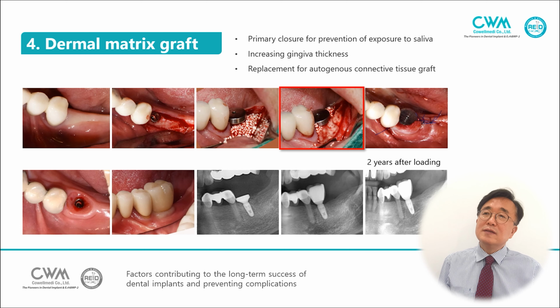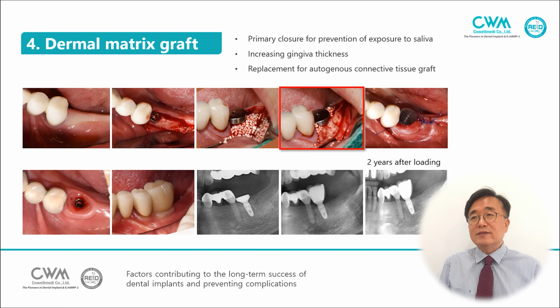Fourth, dermal matrix graft. Here the gingiva is thin, with no attached gingiva. So after implant bone graft, dermal matrix is grafted on the bone graft and sutured.